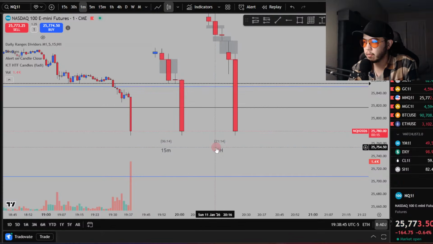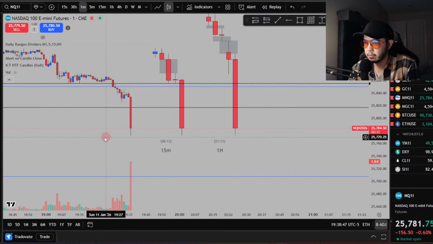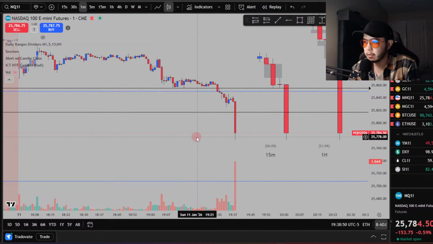That's a huge amount of volume on one candlestick.